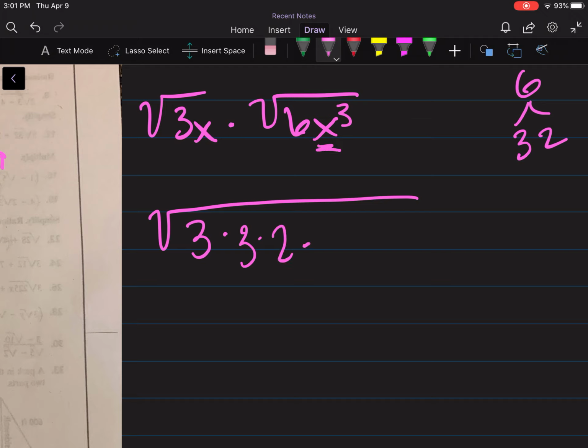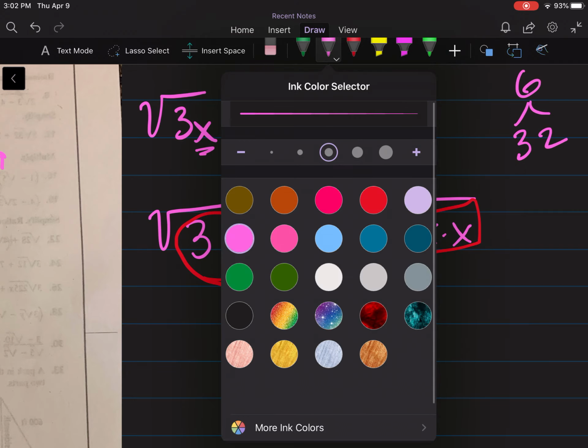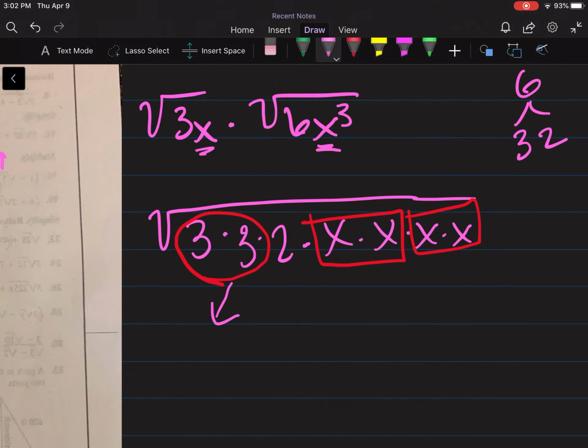So we have those 3 x's and that 1 x, so 4 x's in total. 1, 2, 3, 4. We're looking for pairs, so these 3s are pairs, these x's are pairs, and these x's are pairs. So outside the box we're going to put that 1, 3, 1 x, remember they're all multiplied times each other, and another x.